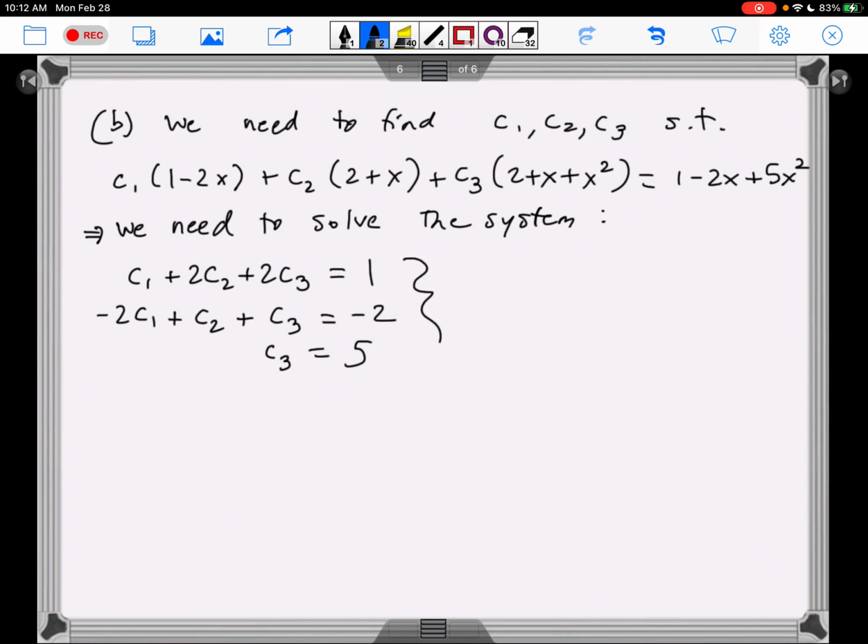So this is the 3 by 3 system, right? So we know how to do that, right? We just put it as a matrix. So that's really what we're solving.